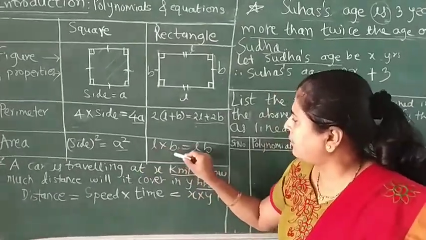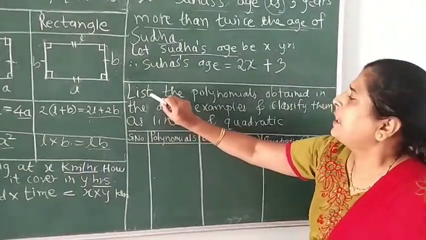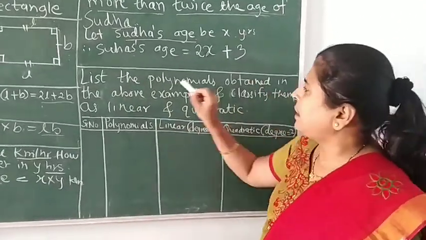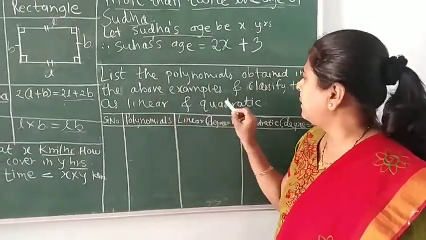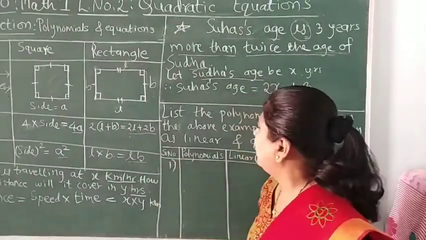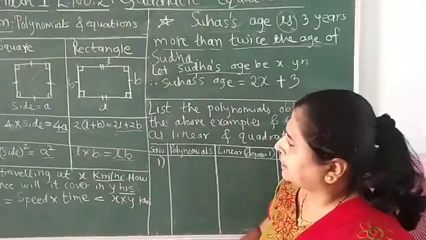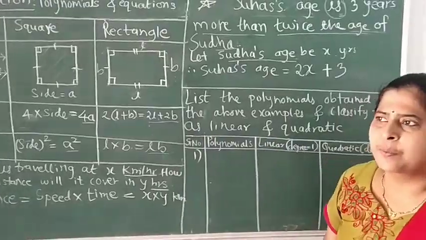So whatever we have got here, listen, see: list the polynomials obtained in the above examples and classify them as linear and quadratic. Let's list the polynomials we got. There is a little bit of difference between an algebraic expression and a polynomial.